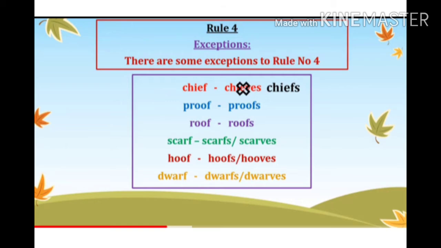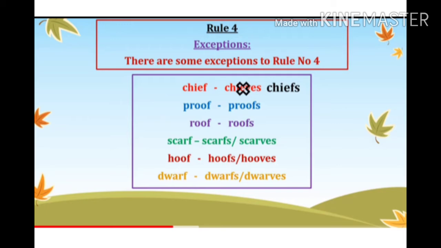Same is the problem with this word proof also. It is not letting us cut F and is making its plural by adding S and becomes proofs. And same is with this word roof. It just wants an S to make its plural. So roof becomes roofs.